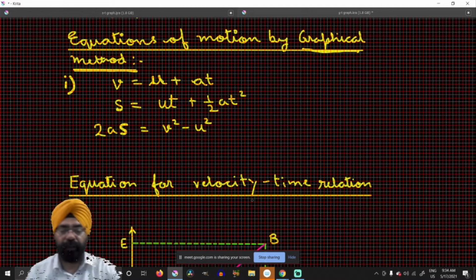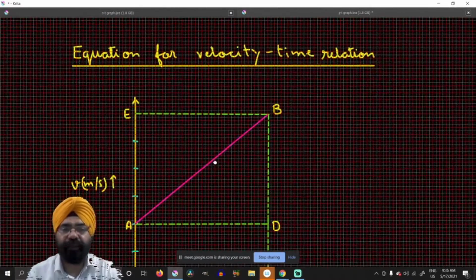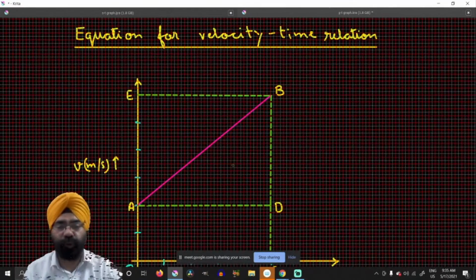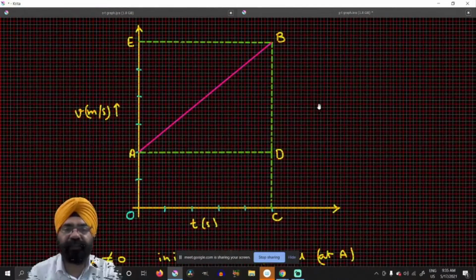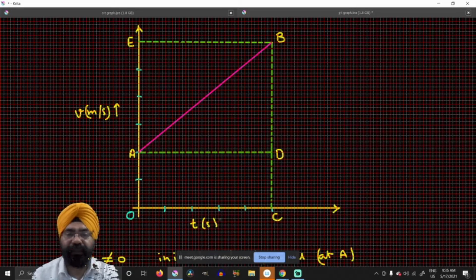Okay, so if I have to derive them graphically, the first thing I have to do is have a graph in place, right? So we use a velocity time graph, which means what do I have on the y-axis? Velocity. And what do I have on the x-axis? Time. You can see that I have taken velocity on the y-axis and time on the x-axis.